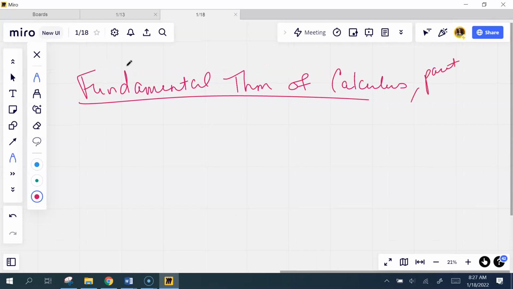You've technically seen it. I think you're thinking of the average value of a function too. That starts with 1 over b minus a. This is part 1, section 5-4.